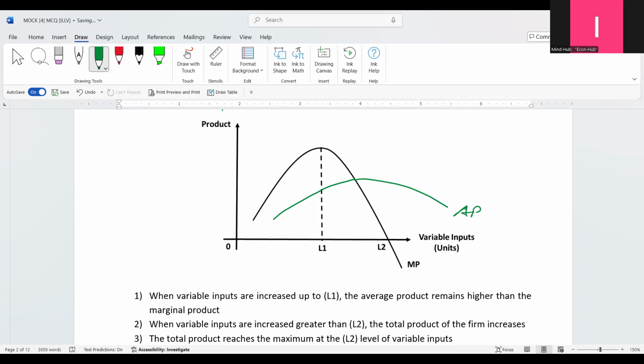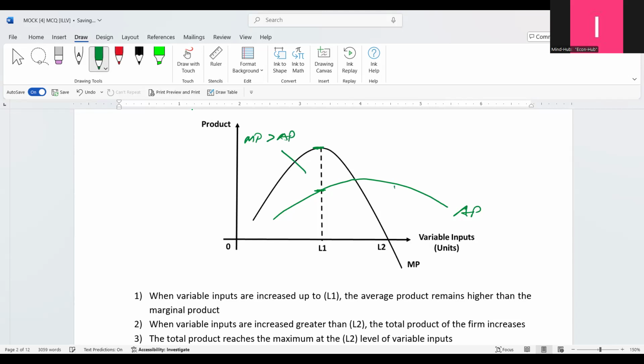Here in this range, you can clearly see that marginal product is greater than average product.